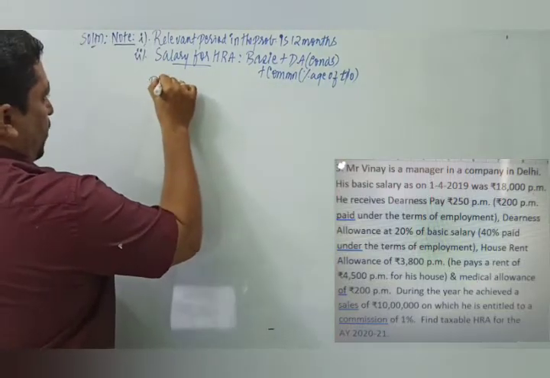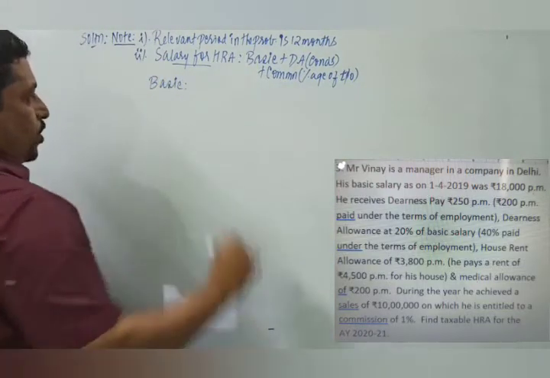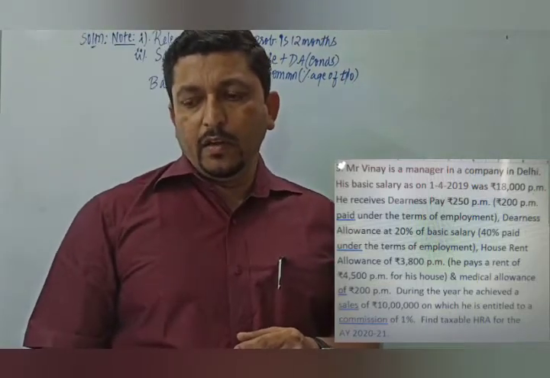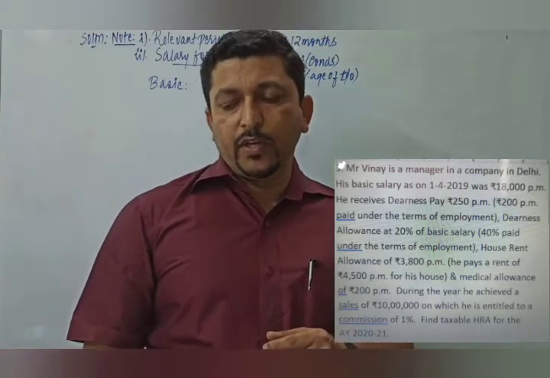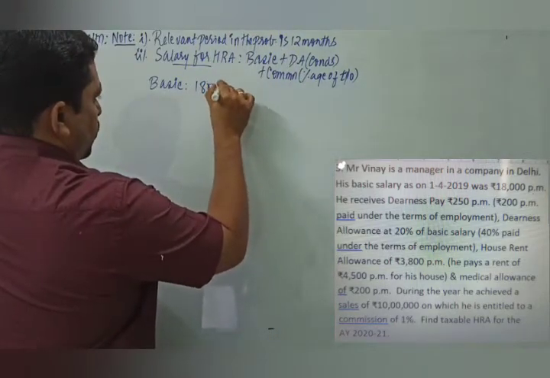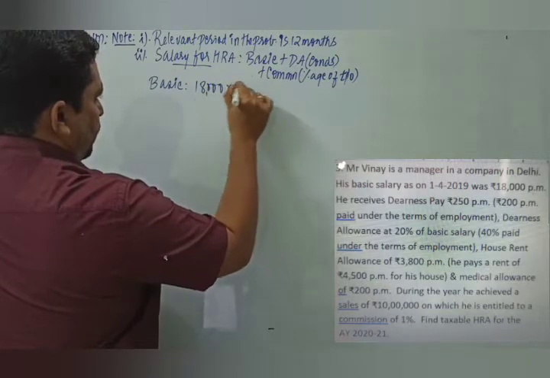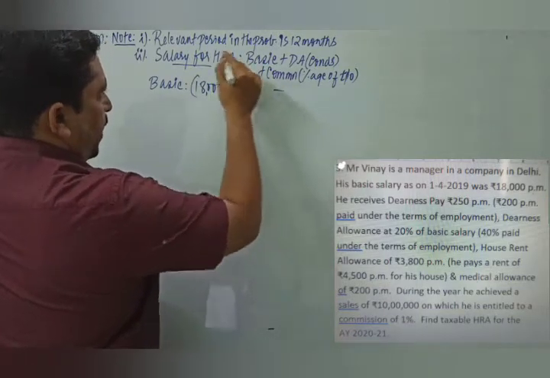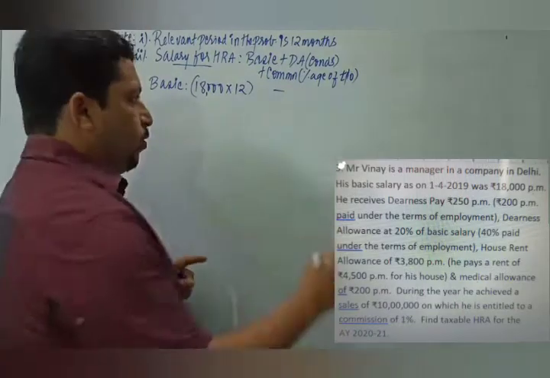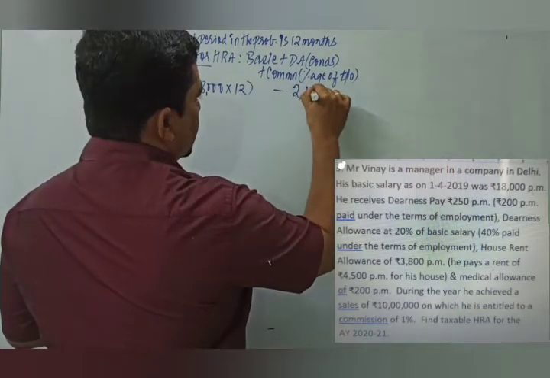Let's record the basic. How much is his basic pay? It is given that his basic salary for the previous year 2019-20 is 18,000. So we record 18,000 into 12. Remember, the relevant period in the problem is 12 months. So we take 18,000 into 12, which works out to 2,16,000.